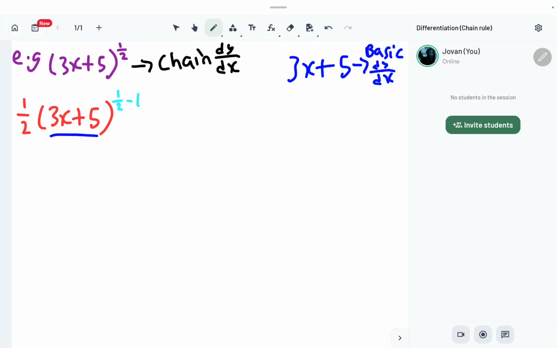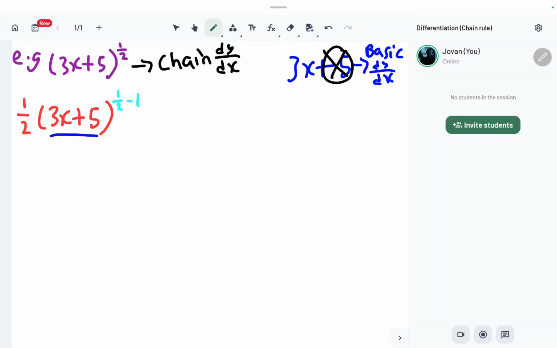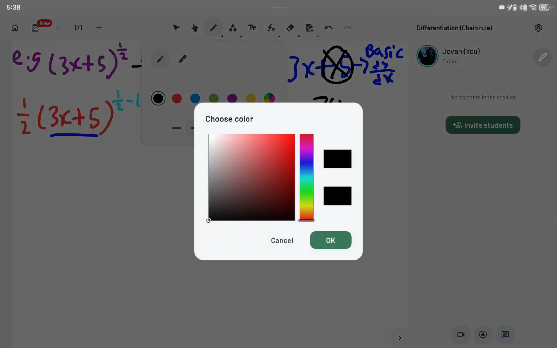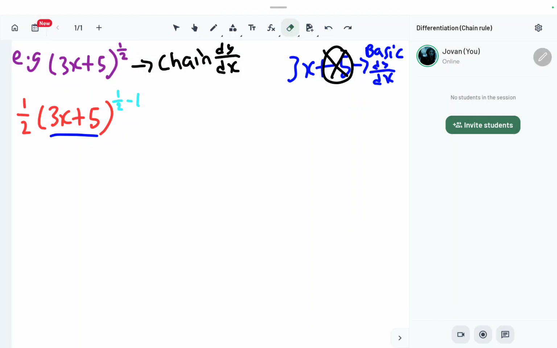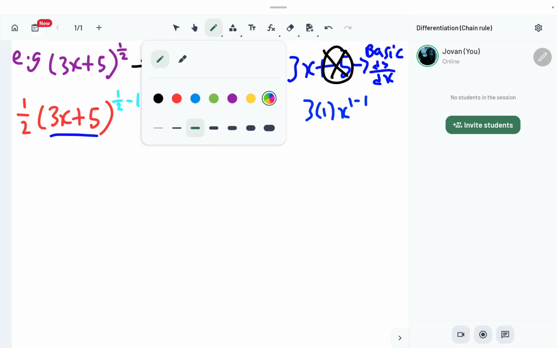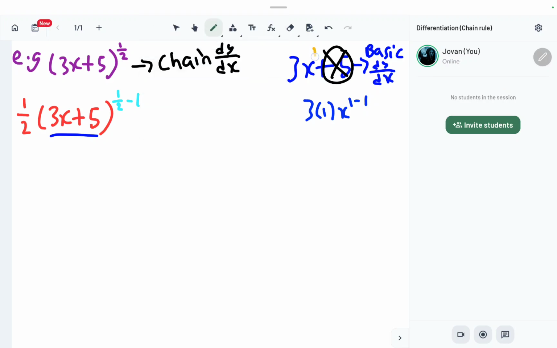So remember, 5 can ignore. So differentiate, power bring down. So 3 bracket, so this is 3 bracket 1 x to the power of 1 minus 1. I forgot to mention, you do notice that there's a power 1 here, an invisible power 1, just like the 2x one.